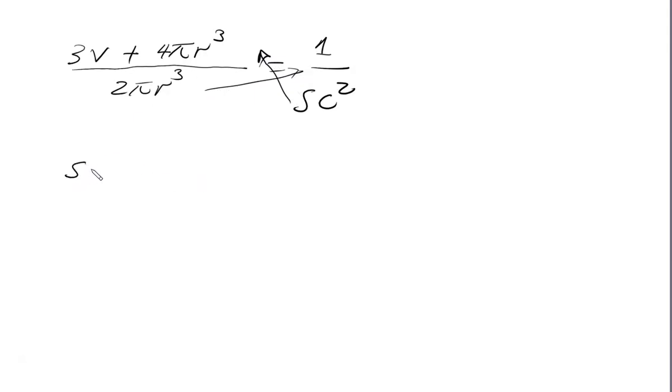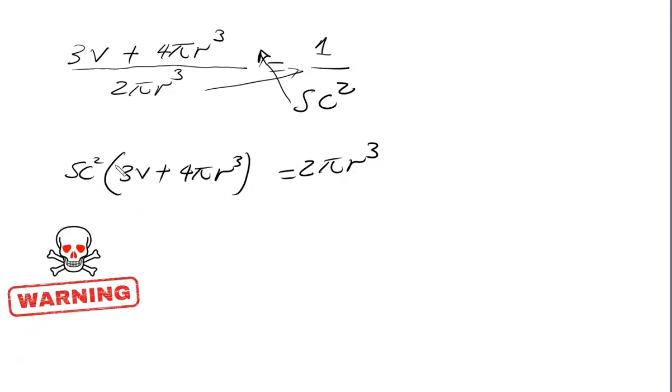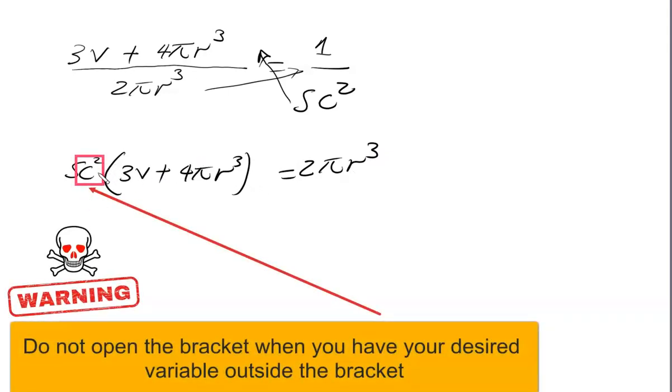It will be sc squared times 3v plus 4 pi r cubed. This will be equal to, of course, 1 multiplying 2 pi r cubed, which will give us 2 pi r cubed. There is a huge temptation to open the bracket, but it will not benefit us with anything, because again we're going to have c squared here and c squared here, which again will force us to factor back. So it's wise to realize that we have c squared with s, and that is really good.